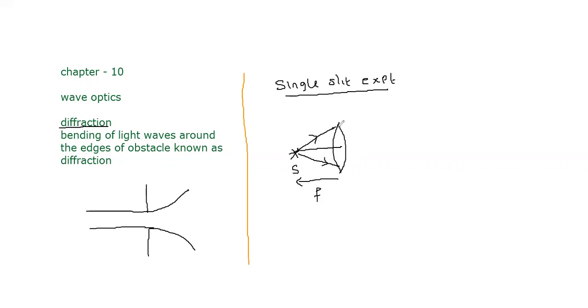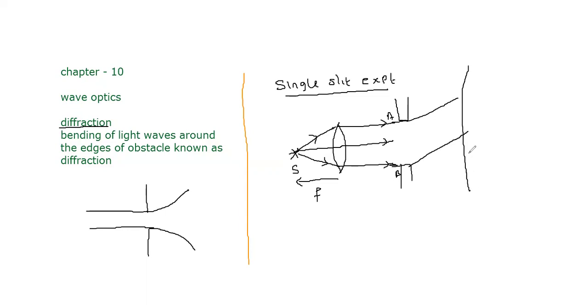You know very well, they become parallel. Imagine AB is a very small slit. Once light reaches the edge, it undergoes diffraction in all directions. So from the derivation point of view, I take only the direction like this.